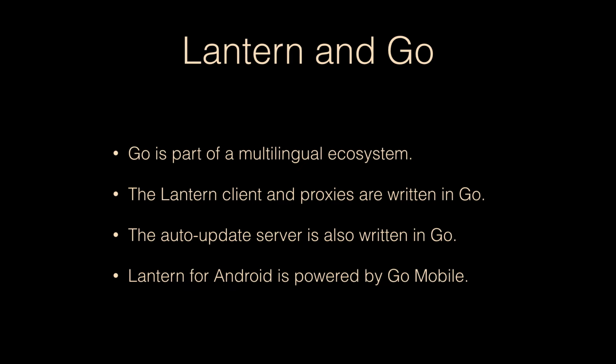We also have an auto-update server that provides Lantern clients with binary diffs, and this allows the clients to update themselves. So this ensures clients are always up to date with the latest circumvention techniques. And of course, the main topic of this talk, Lantern for Android, is powered by Go Mobile.